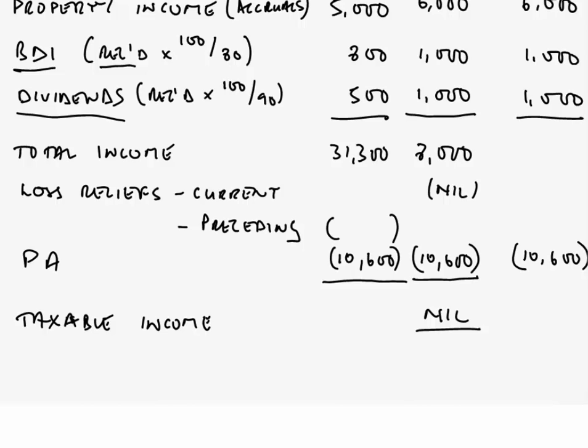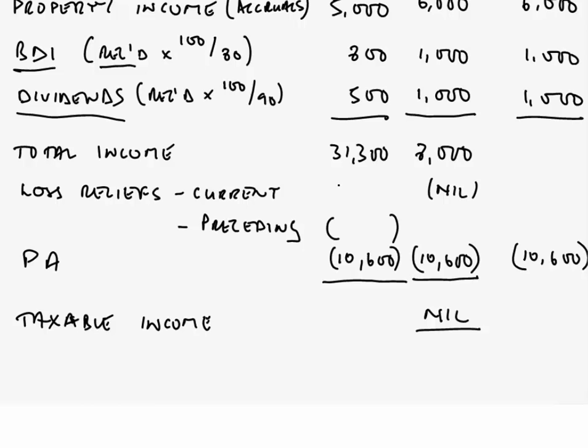Remember, you don't have to make either of these claims. That is up to you, current and or preceding tax year. But if you don't make any such claims, then the loss will simply be carried forward. You can't make partial claims.